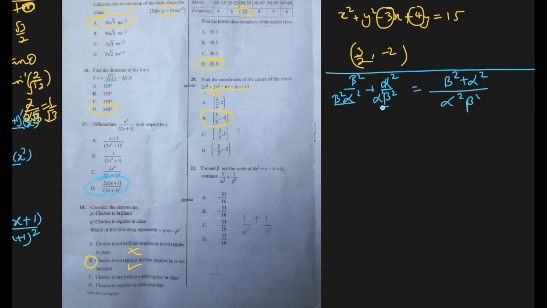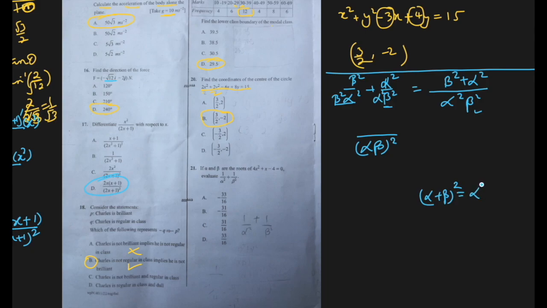Because their denominators are same now, we can just add their numerators. But there is a problem here. We can write the denominator as (alpha beta) square, which is the product of the roots, and we have a formula for that. But we don't have any formula for adding the squares of the roots, so let me show you. If I say (alpha plus beta) square, what will be the expansion?